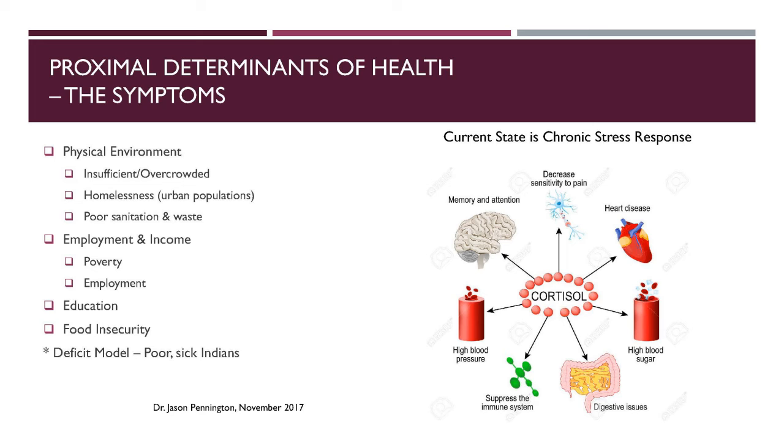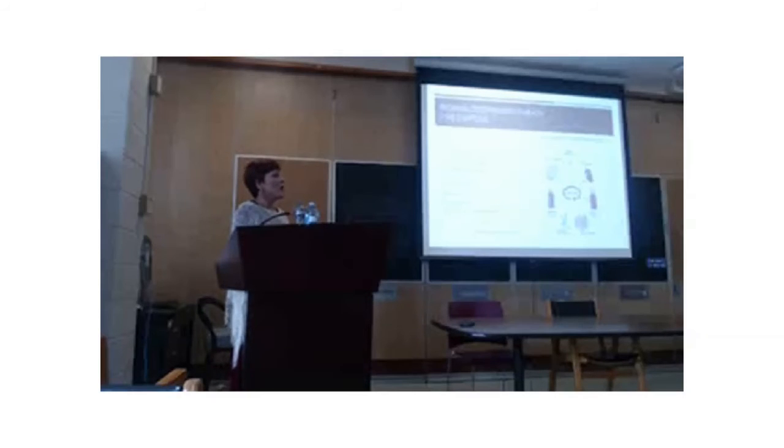So then we get to the proximal determinants of health, and these are the ones we hear about all the time. People are poor, they're homeless, or they're living in poor homes, they're not educated, and we have a deficit model. We've sort of come around to a place in healthcare where we sort of understand that there are poor, sick Indians, but that's not where the story ends.